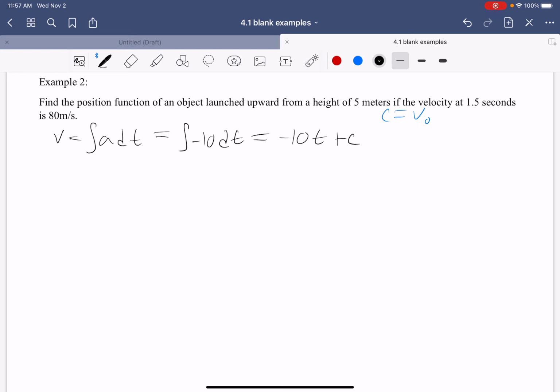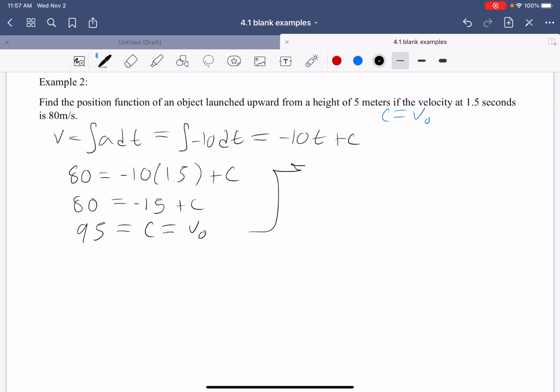Then we know that velocity is 80 when time is 1.5. So our initial velocity is 95, which gives us a velocity function of negative 10t plus 95.